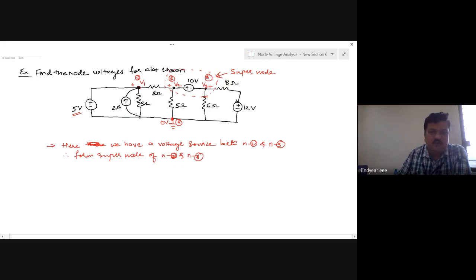But still I have to assign the currents. I don't need to assign a current in the 5 volt source, because the voltage value is already present. So let me take this 2 ampere as I1.